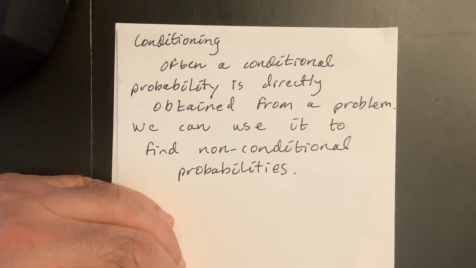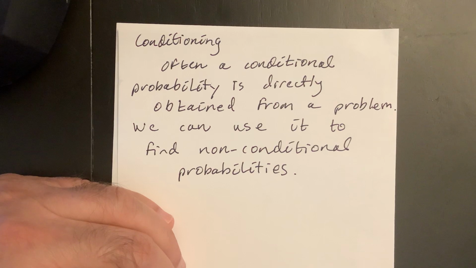Okay, next thing, we can use the definition of conditional probability to find the probability of intersections just by multiplying by the denominator. So sometimes a conditional probability is known, and we want the probability of an intersection. So we can use it that way.